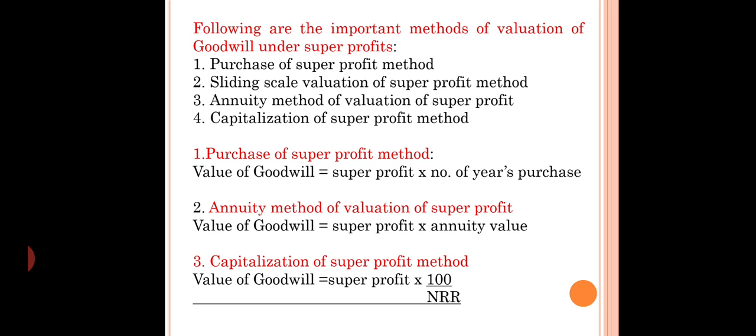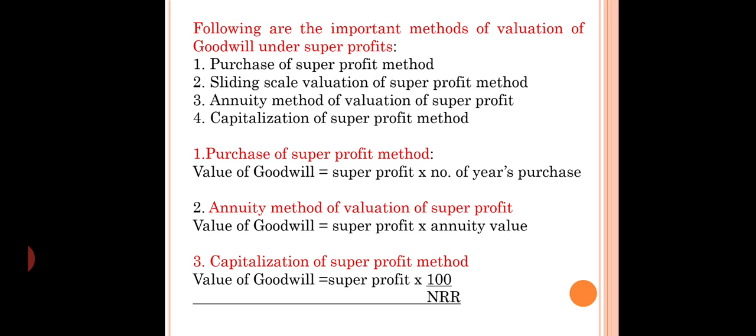Then the second one is the annuity method of valuation of super profit. Under this method, by considering the annuity value, it is a calculated figure on the basis of present value, and the value of goodwill equals super profit into annuity value. This method takes into account the time gap between the actual payment of the goodwill amount and the actual earnings which are to be generated in future.